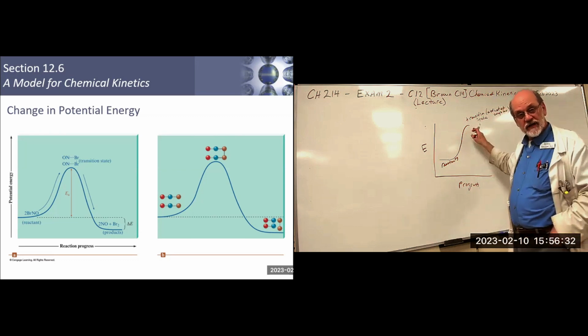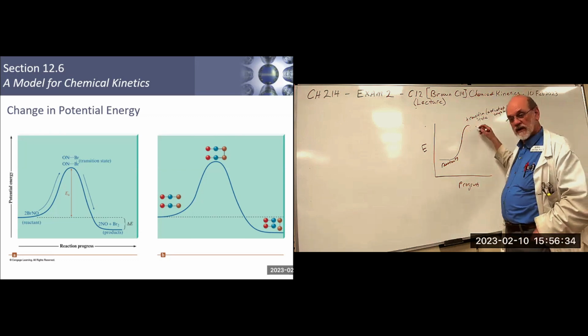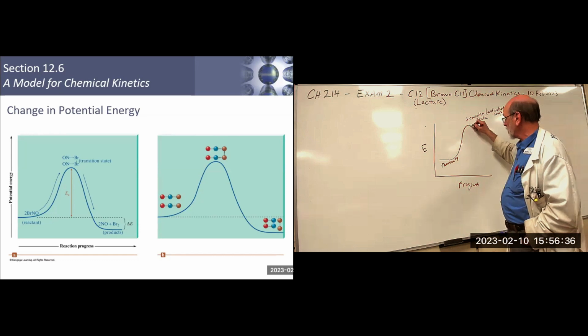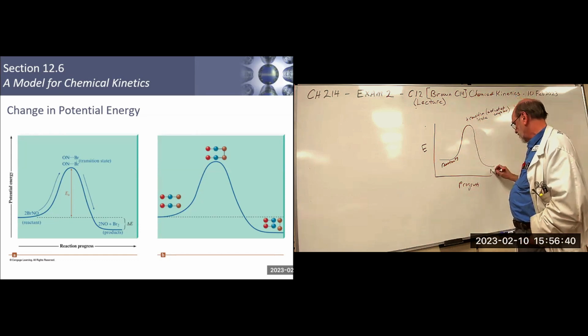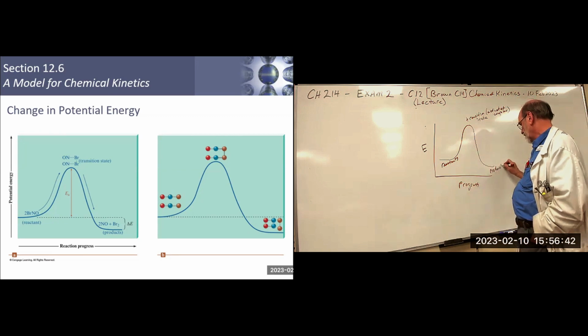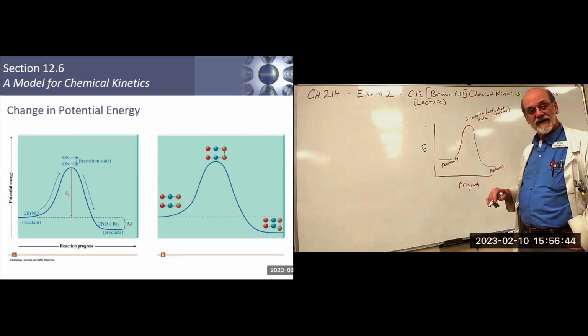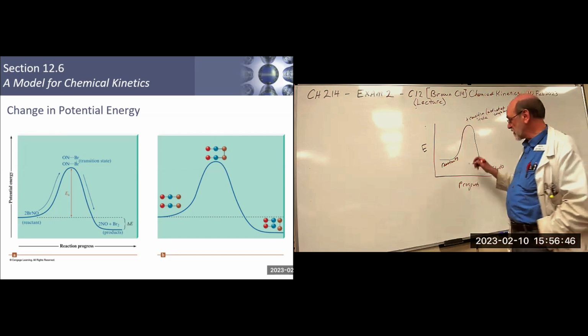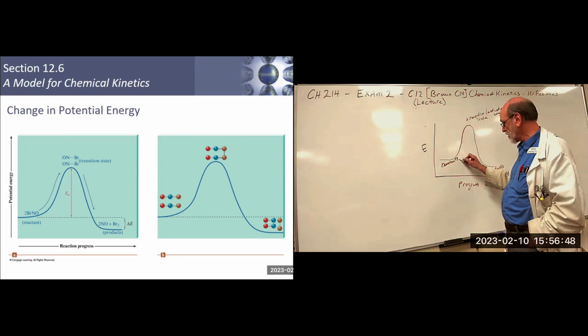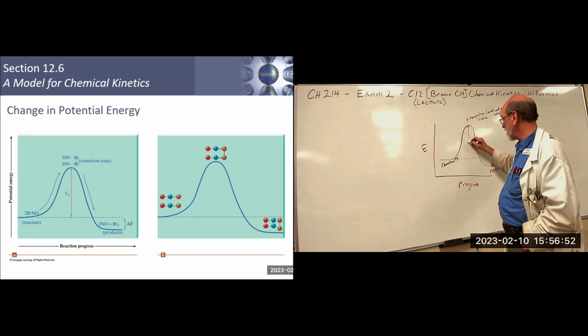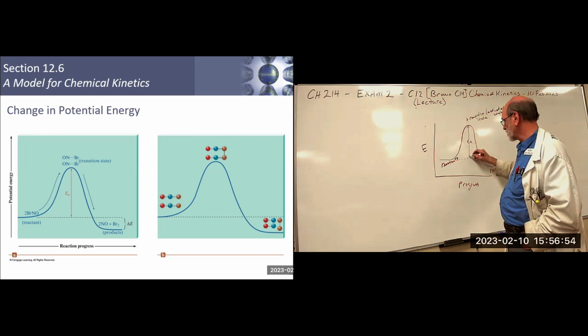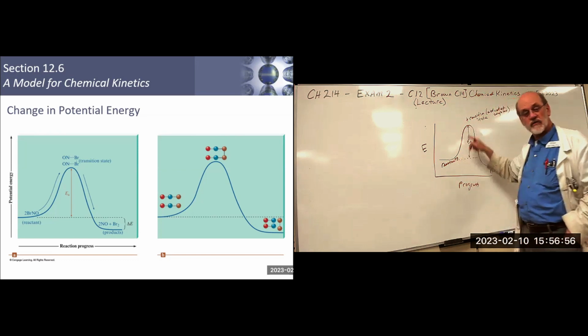If you have that much energy plus just a smidge more, then you're going to come over this side and go down to products. Okay? The amount of energy, the activation energy, is the difference between here and there. That's how much energy is required.